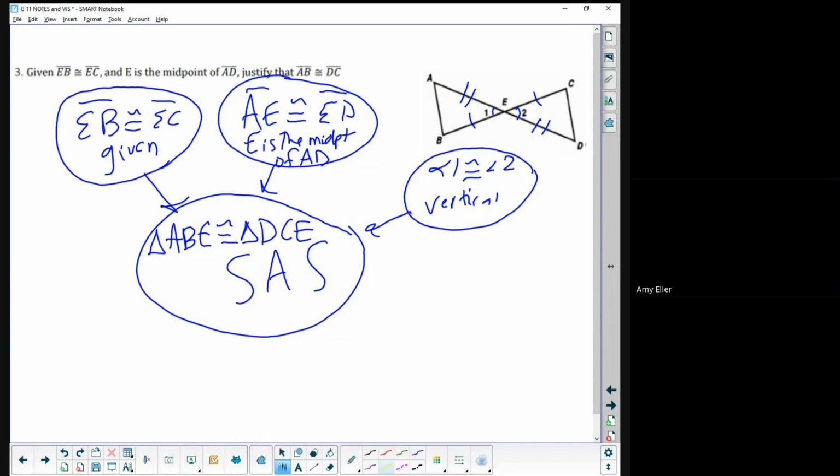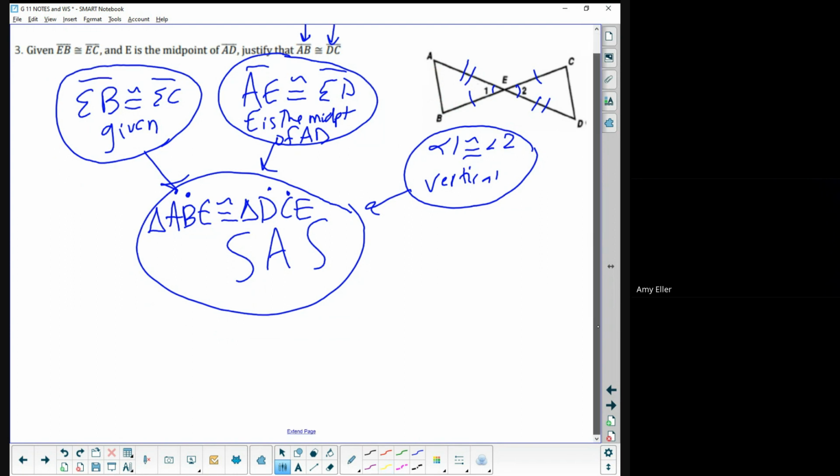Let's look at what we're really trying to show. AB. Is AB in the same corresponding place that DC is? Yeah. So we only have one statement left to say. You can put it below, wherever. We know AB is congruent to DC. How did I know? Well, these dots tell me, but I can't just say these dots tell me.